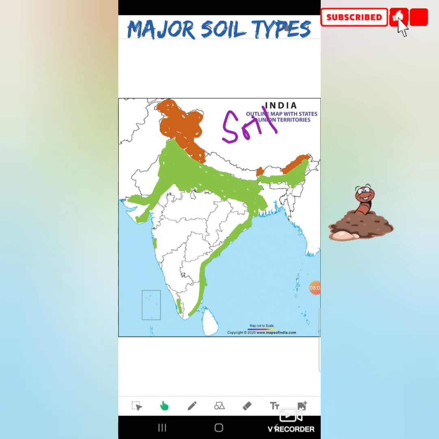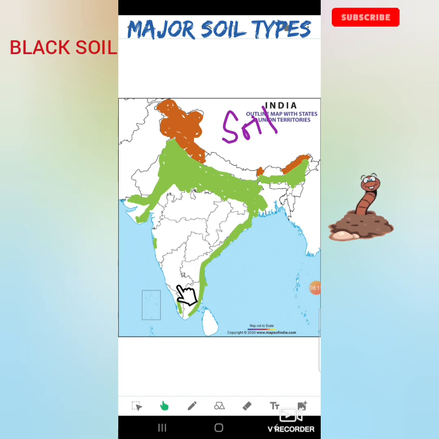So as per the physical division, this next zone is peninsular India. And yes, our next category of soil is found in this part. So what soil do we find in this part? We find two types of soil in this part. This side we find the black soil and this particular side we find the red and yellow soil.